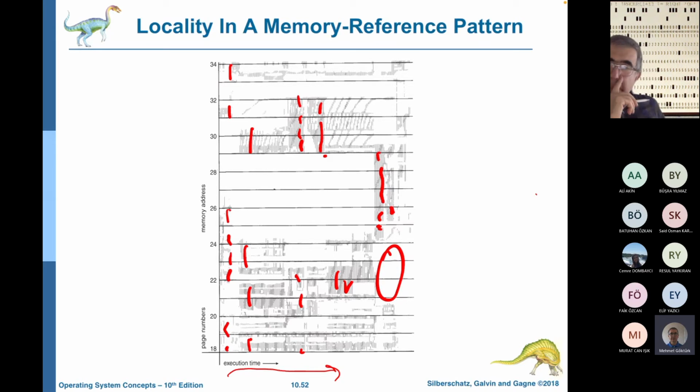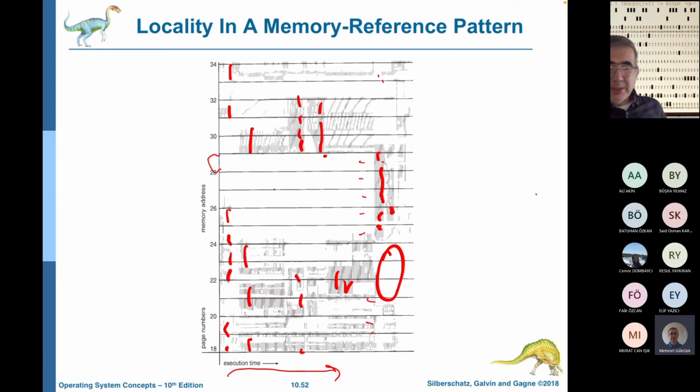So if these are one page, actually they are not, but if those are one page, how many pages do I need generally for this program to work without many page faults? Probably 1, 2, 3, 4, 5, 6, 7, 8, and maybe 9.